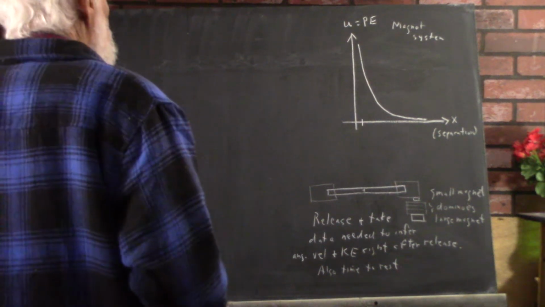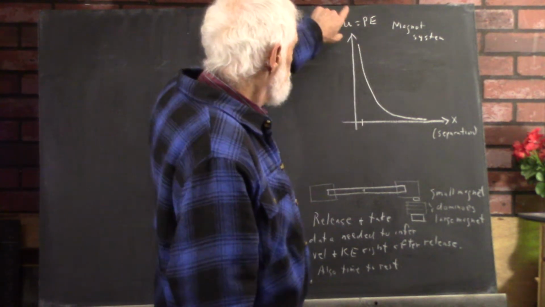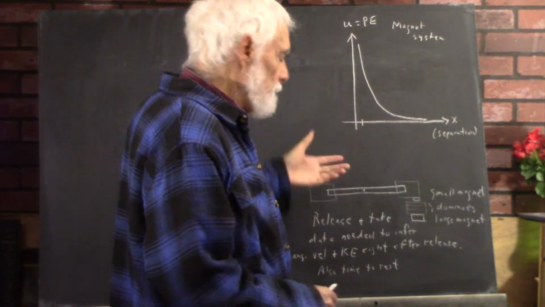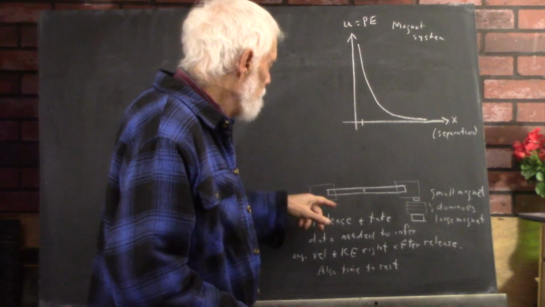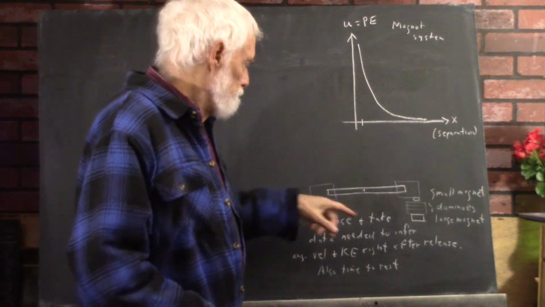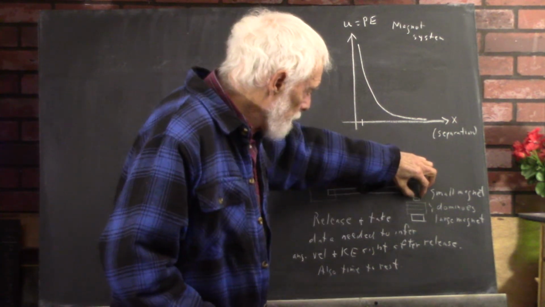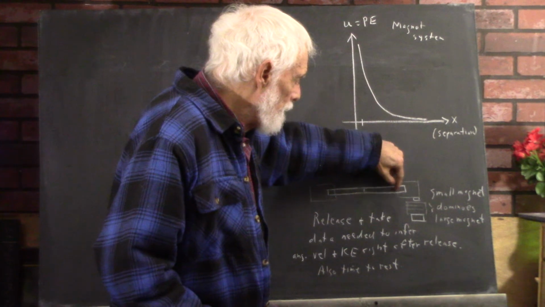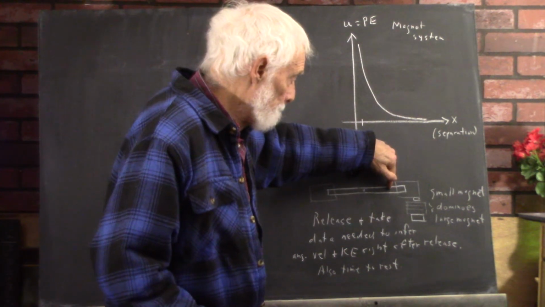Okay, now summarizing what we just talked about. You've got a magnet system, and you've got the potential energy versus separation, which you got from the previous experiment. You set up the beam with a couple of extenders on the end so that you can mount the small magnet far enough away from the metal that this magnet is not going to interact significantly with the metal of the rod.